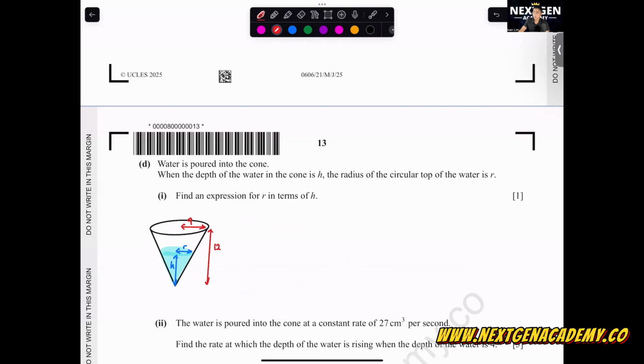Let's use similarity here. r over 9, radius over radius, is h over 12. r equals h over 12 times 9. r is equal to 3h over 4. We are using similarity here.